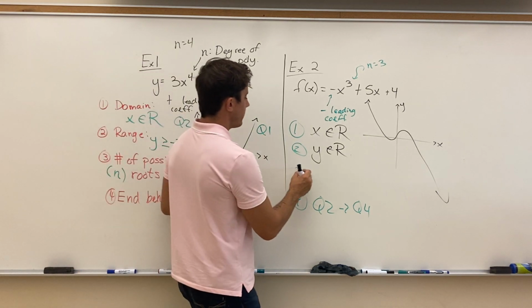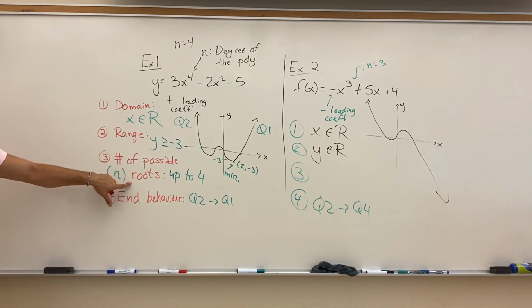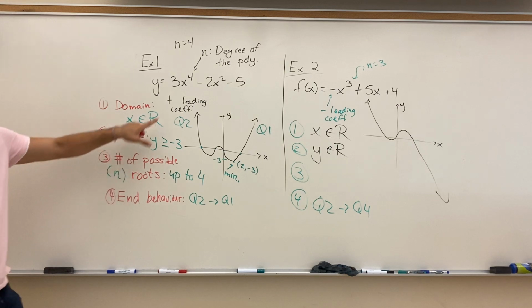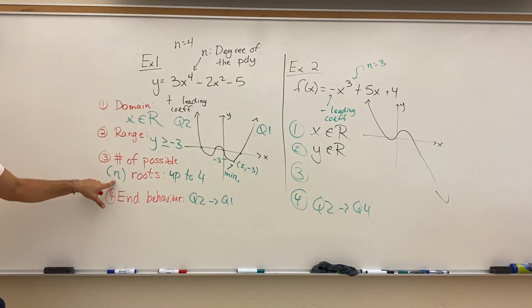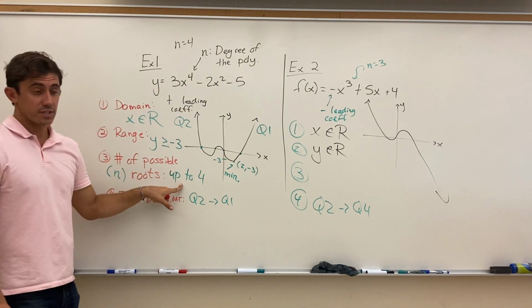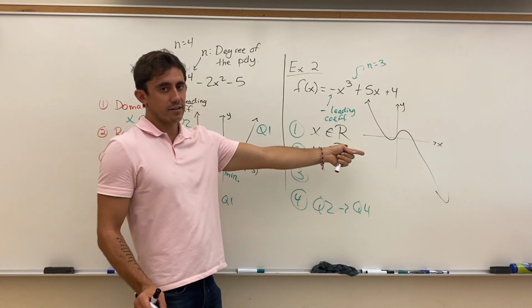And to finish things off, third part of our solution here, the number of possible roots. Analogous to how the number of possible roots for an even degree polynomial was directly related to the degree, i.e. n, degree of 4, and we had up to 4 possible x-intercepts, 4 possible roots, we have the exact same idea here with the cubic function.